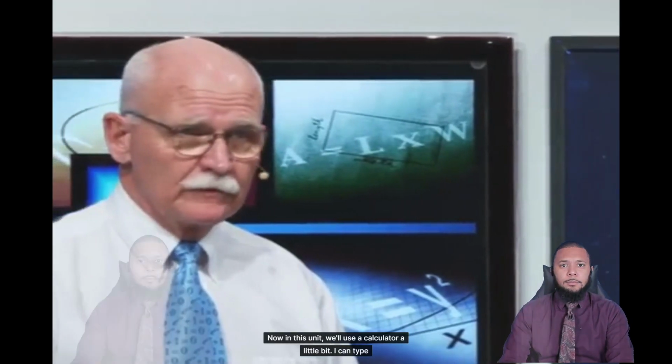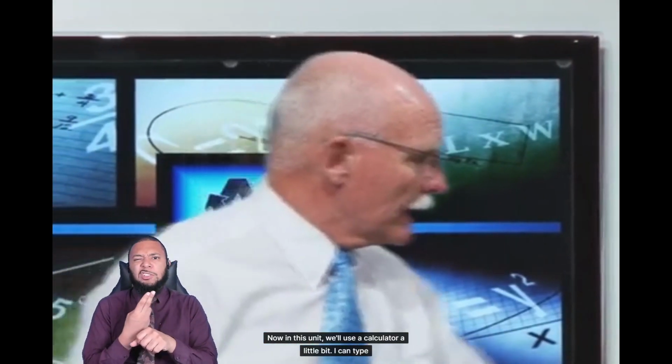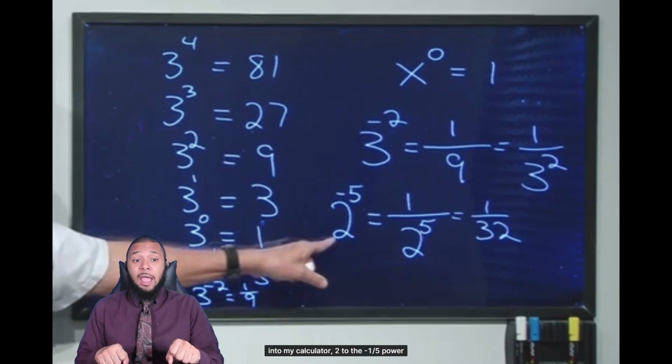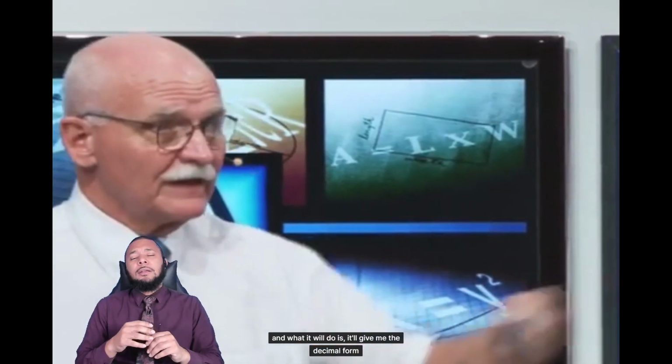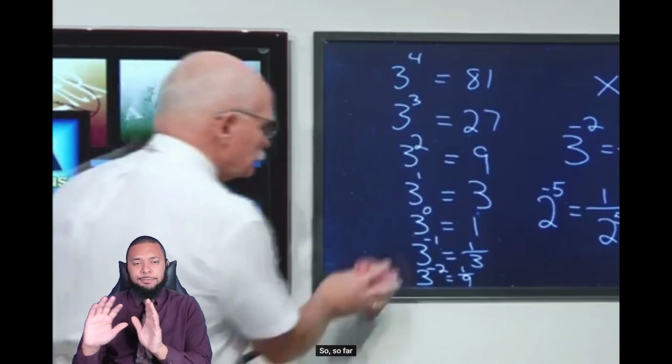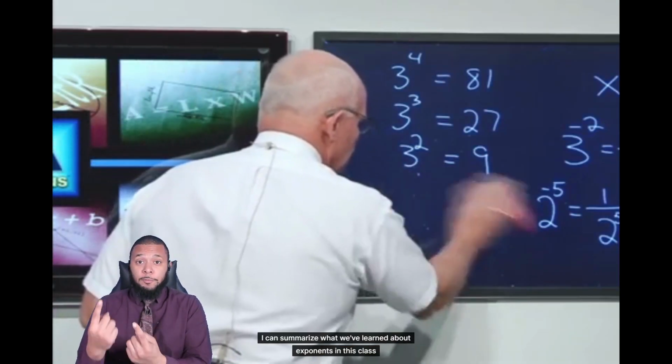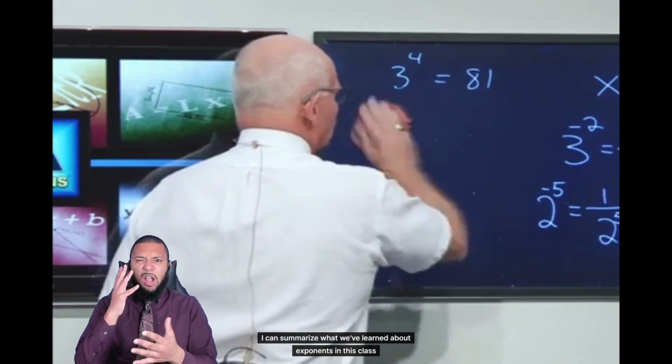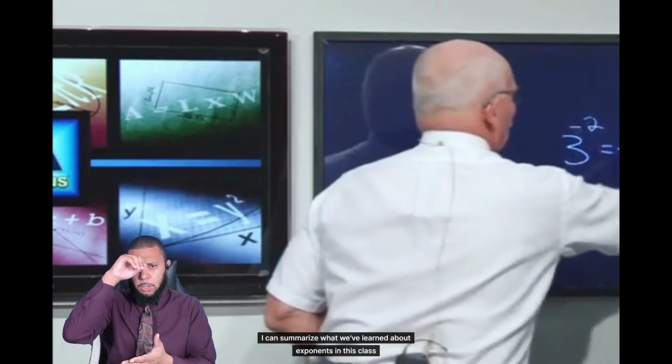Now in this unit, we'll use our calculator a little bit. I can type into my calculator 2 to the negative 5th power, and what it'll do is it'll give me the decimal form of 1/32. Okay? So far, I can summarize what we've learned about exponents in this class with three statements.